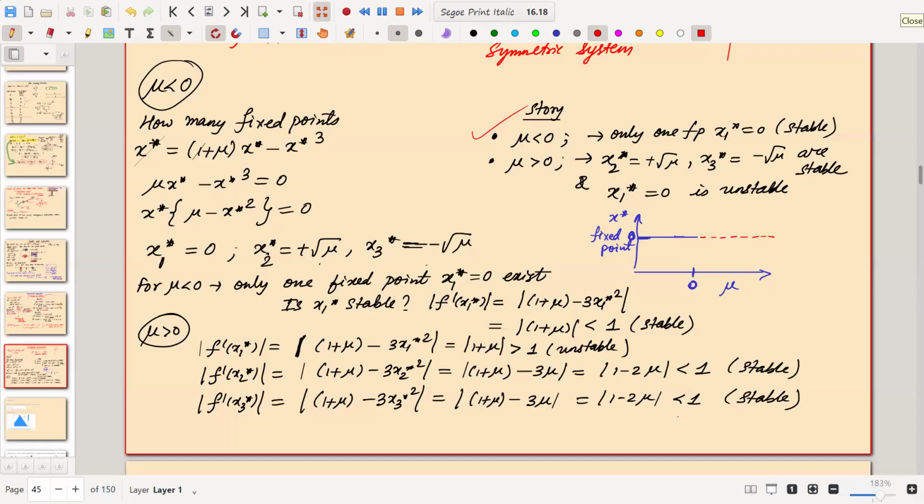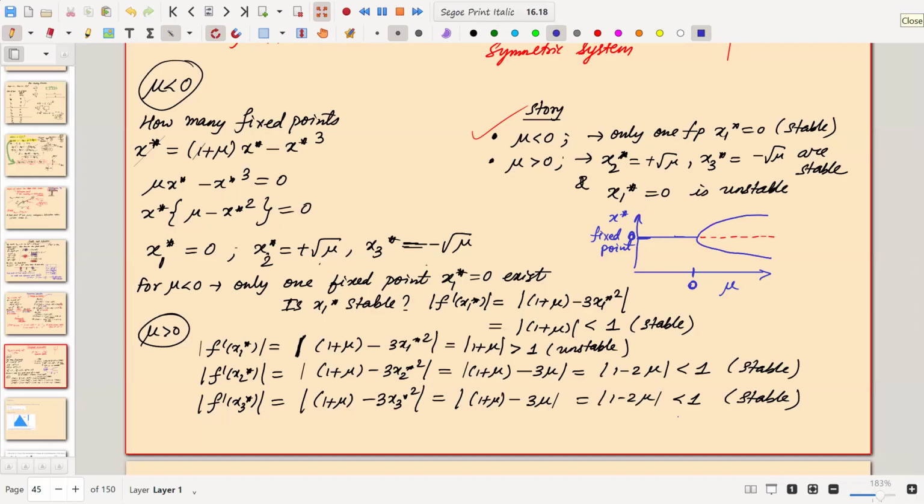Agree? One is positive root mu, so it is lying above 0, and one will be symmetric and below 0 because they are negative, right? So it will go like this.